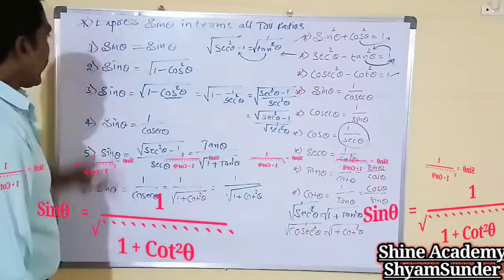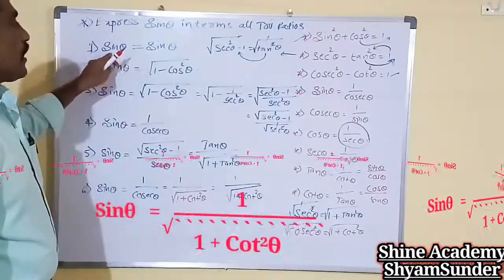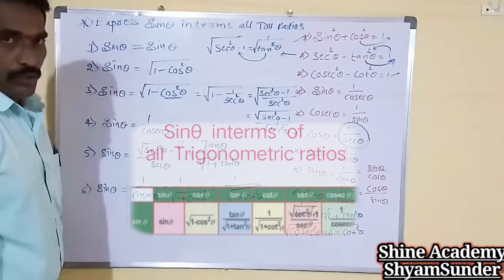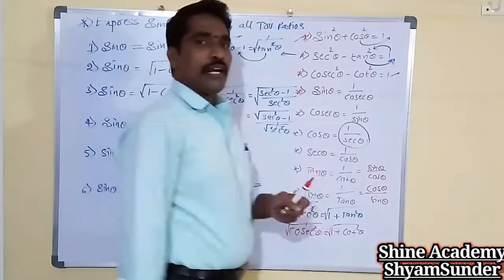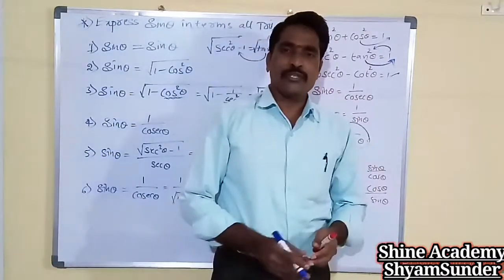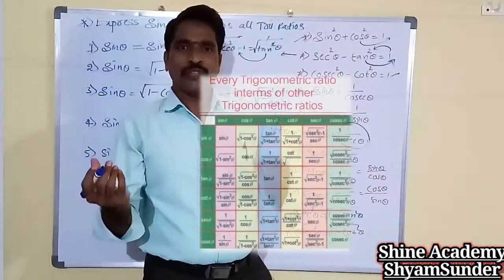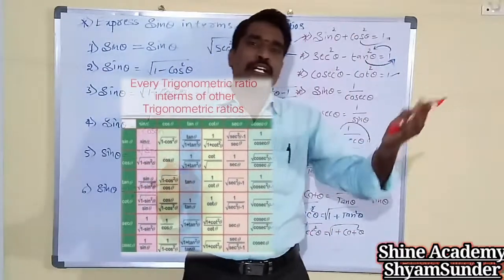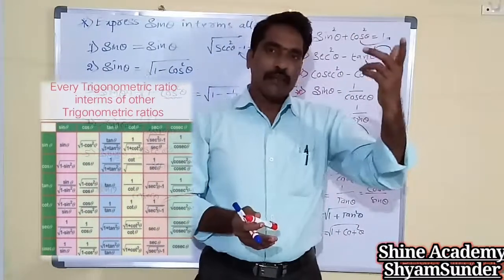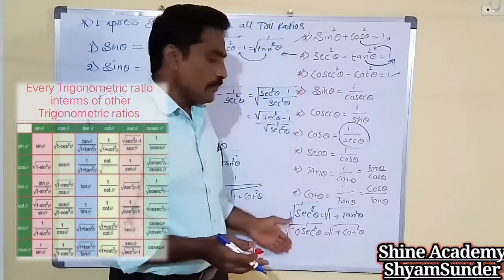Like this, we expressed sin theta in terms of all trigonometric ratios. Not only sin theta, we can express any trigonometric ratio in terms of the remaining trigonometric ratios with the help of these formulae.